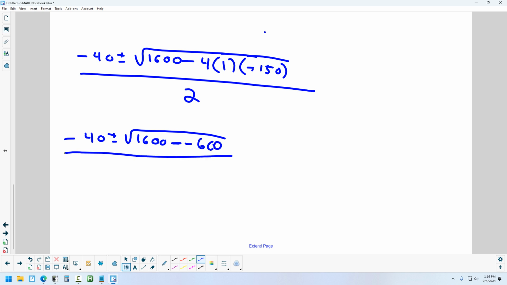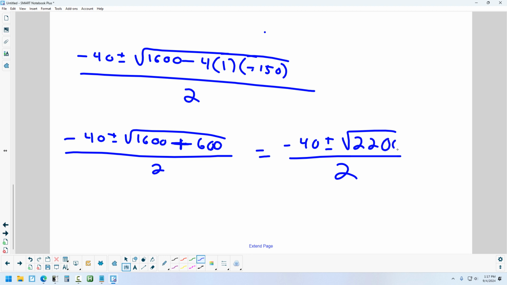What happens when you subtract a negative number? Yep, it becomes positive. What's 1600 plus, now, not minus, plus 600? 2,200, yep.